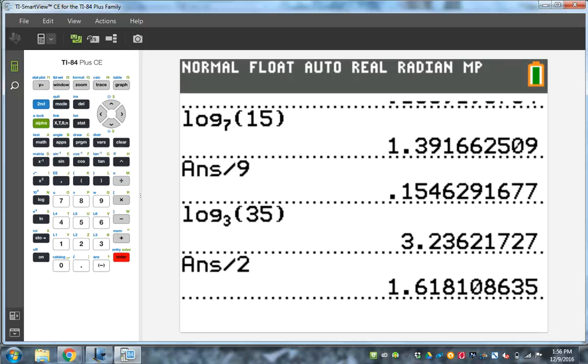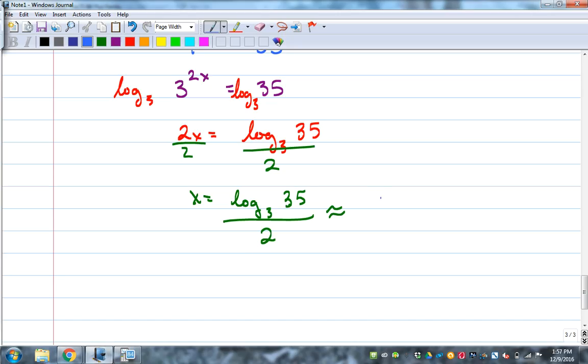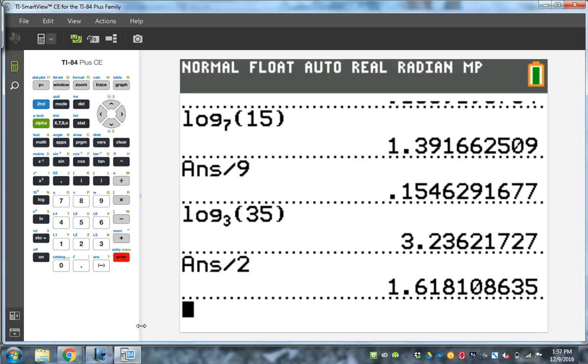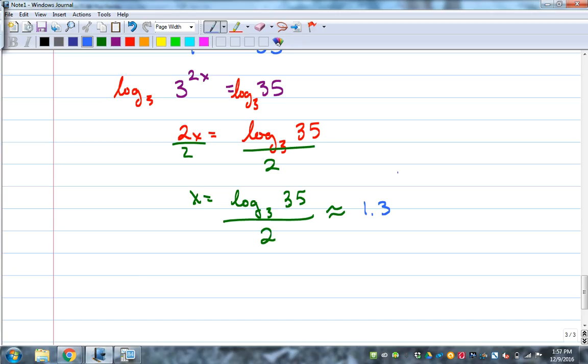Now, I broke the 9 down into 3 squared. You can get the same decimal approximation using log base 9. You just don't have to divide by 2. What I've got written here is 1.618. That's the correct decimal approximation.